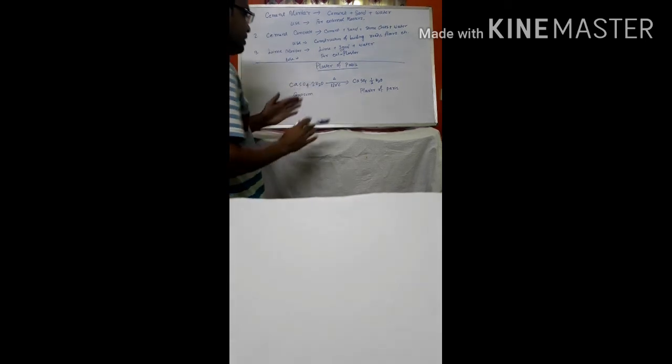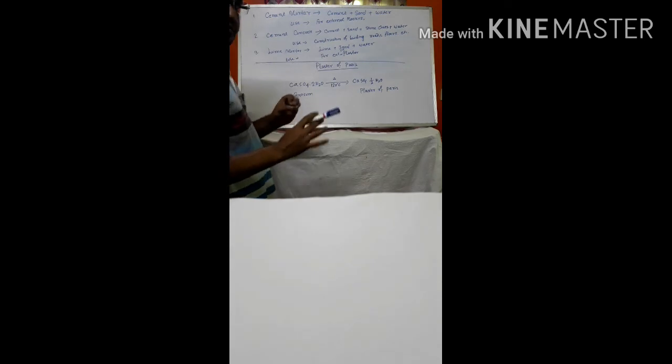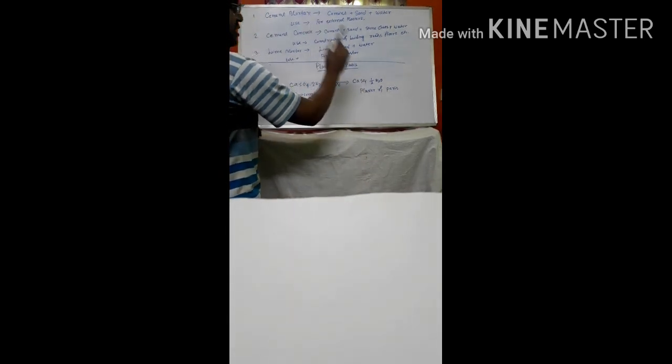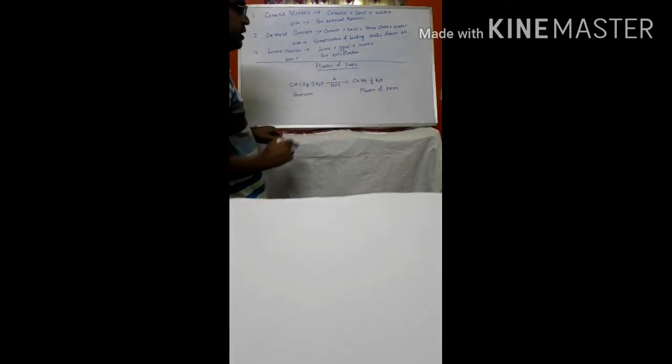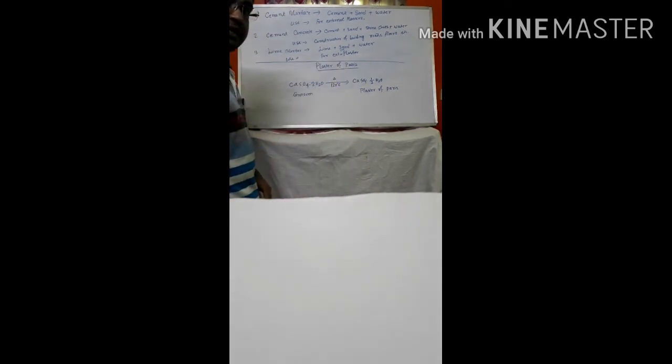When gypsum is heated to 120 degrees centigrade, some molecules of water are removed and it forms calcium sulfate and half a molecule of water. Then plaster of Paris is obtained.